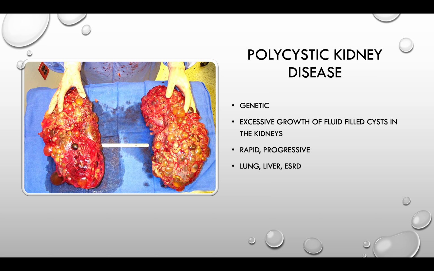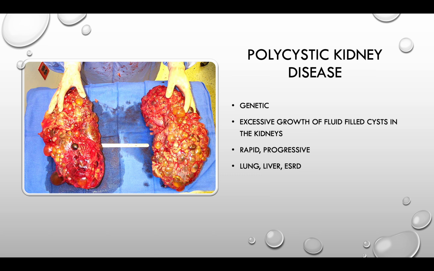And what happens is because of all of these cysts, because of the size of the cysts, we start to have compression of surrounding structures, causing damage and ultimately reduced kidney function. There's a couple of different types.